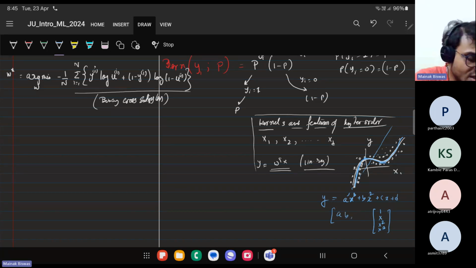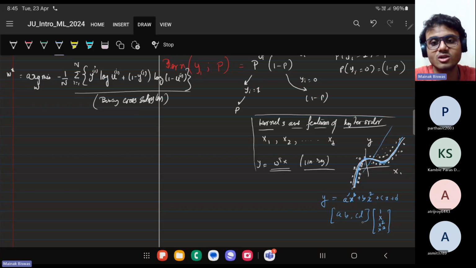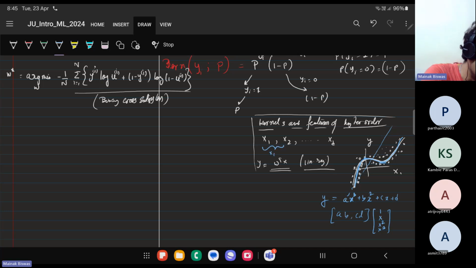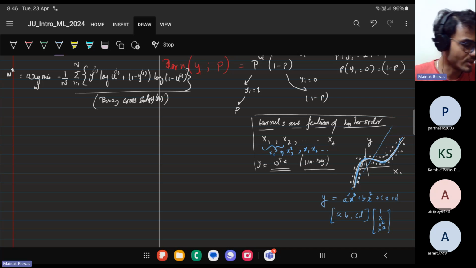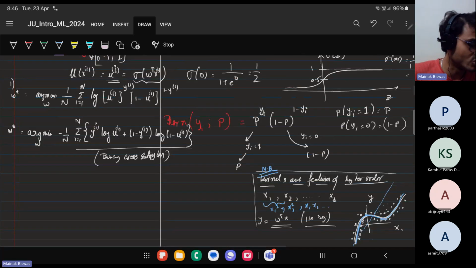So any data you can take if you're trying to do linear regression or logistic regression. If it is not explaining, you can take higher orders of the data, the squares and cubes and multiplication. So if there are x1, x2, you can take x1 squared, x2 squared, x1 x2, all those things you can stack up to form a longer vector and then predict. Okay. So this was a side note. I forgot to mention it before, but here also it's relevant, so I mentioned.